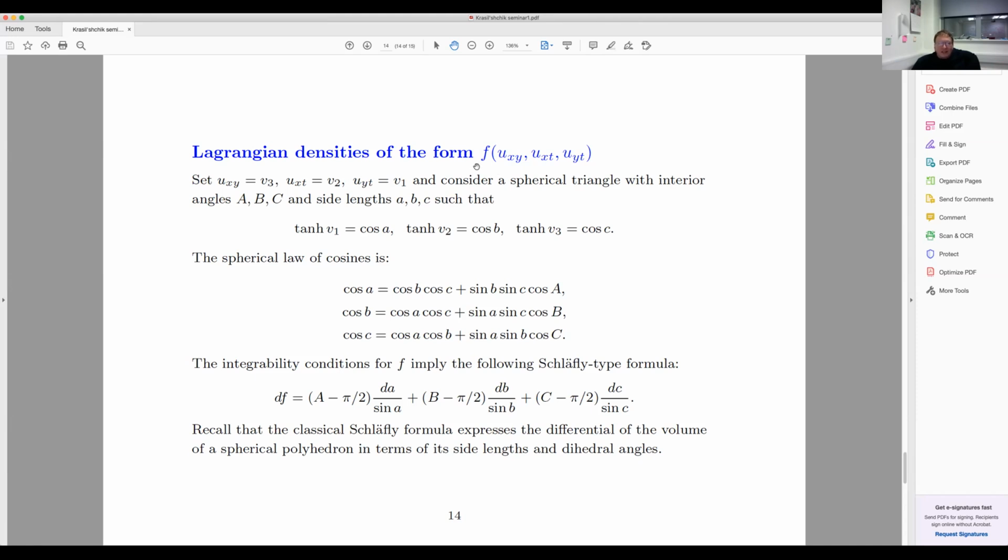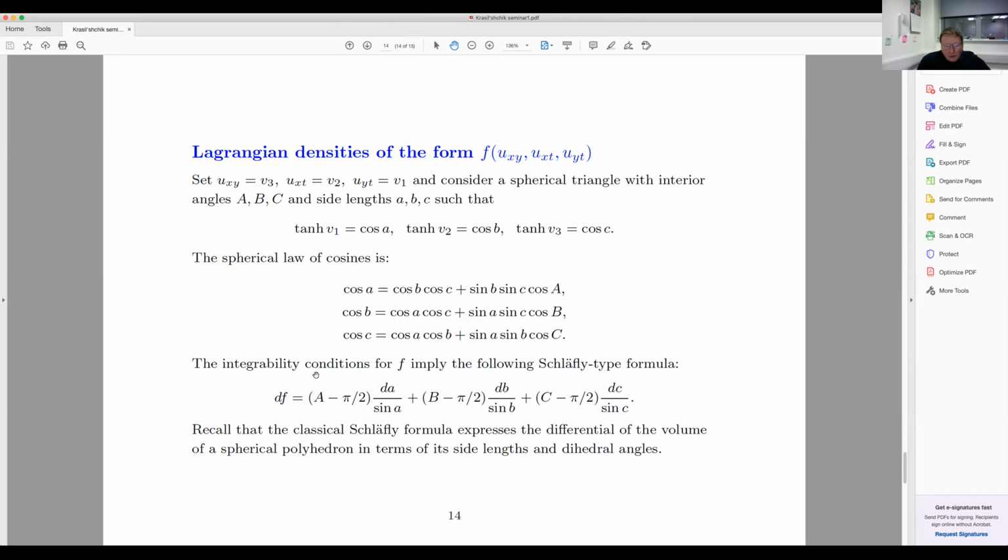Then the claim is this function f of v1, v2, v3 can be obtained by this quadrature. It satisfies this relation. Its differential df is this expression, where capital A, capital B, and capital C are the angles, and A, B, and C are side lengths.